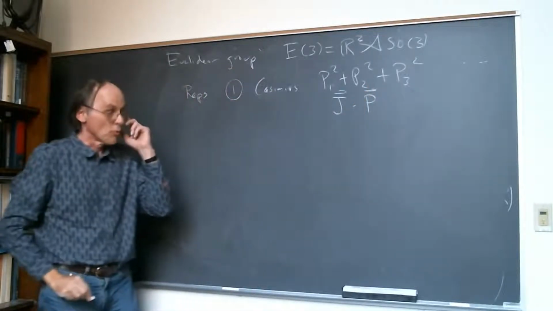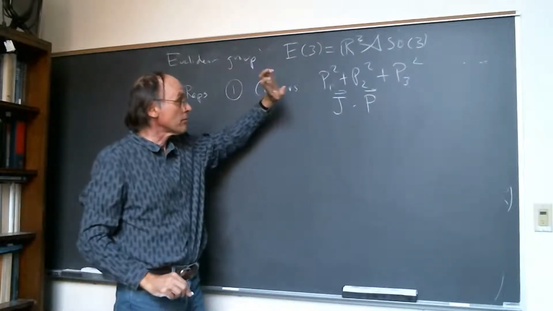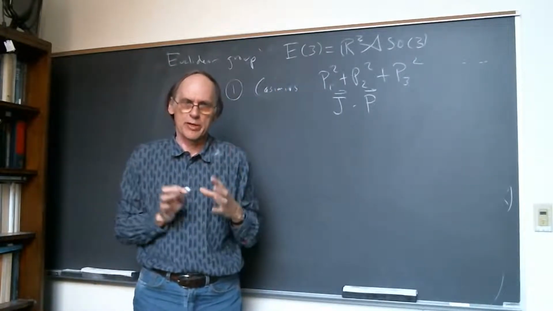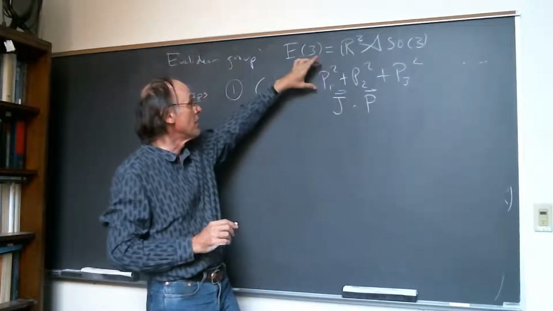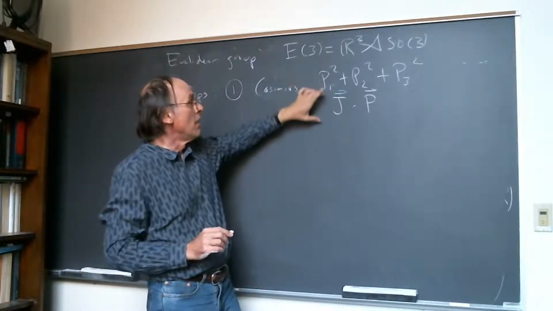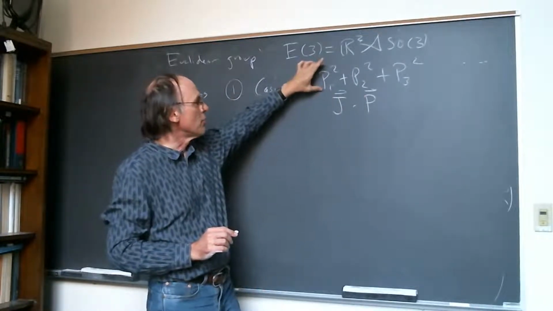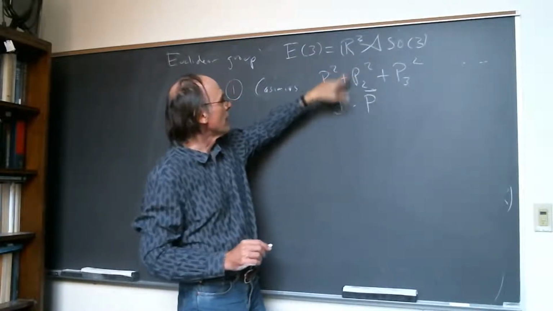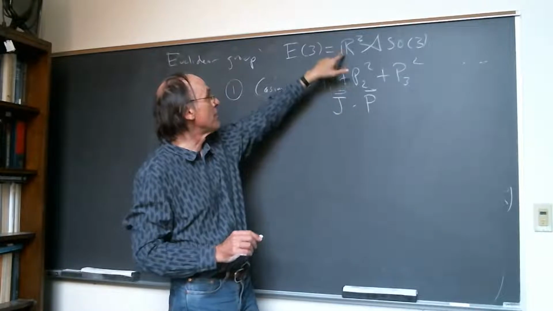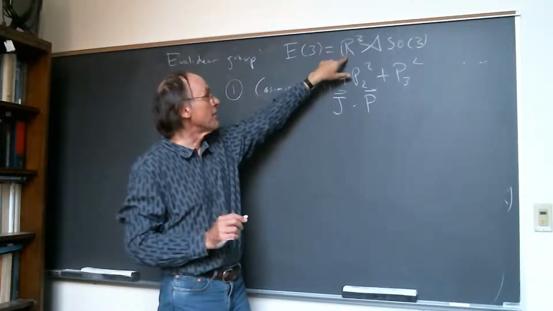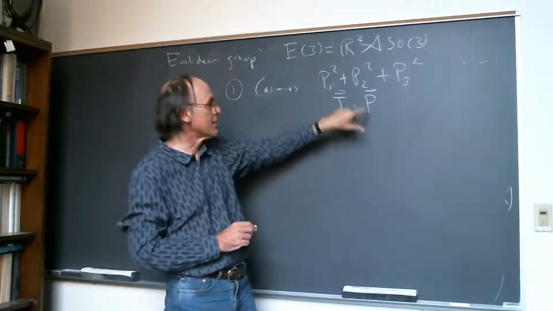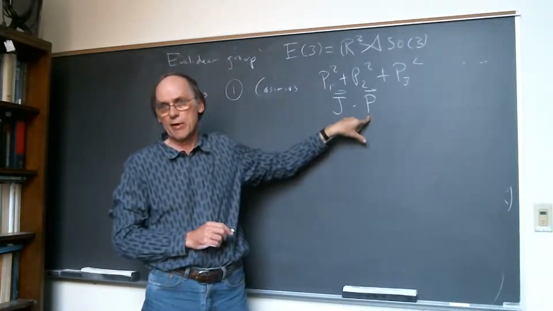One way of thinking about the possible irreducible representations of this guy was to realize that you had these two operators. The P's are the infinitesimal generators of translations, so the fact that you can do infinitesimal translations gives you an operator P in a representation.